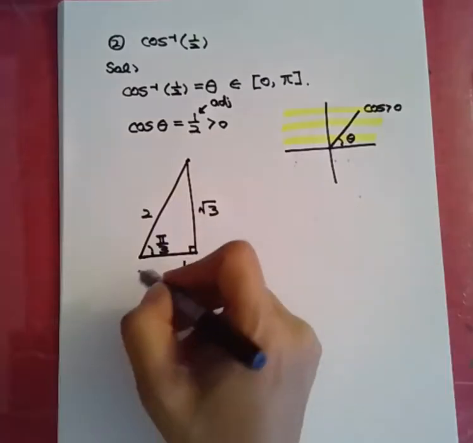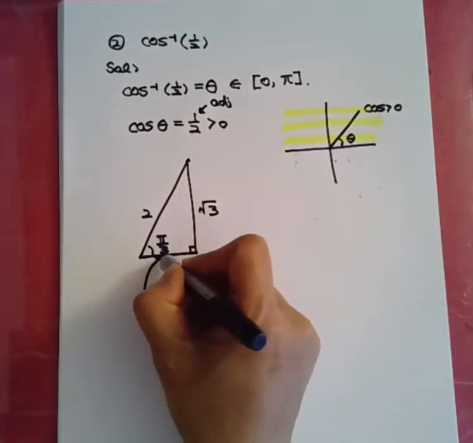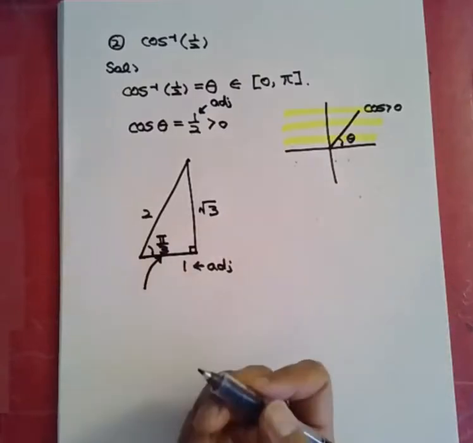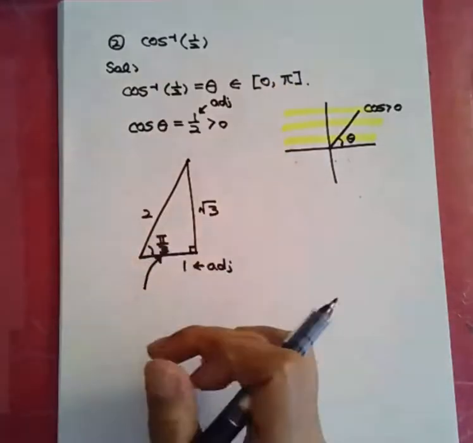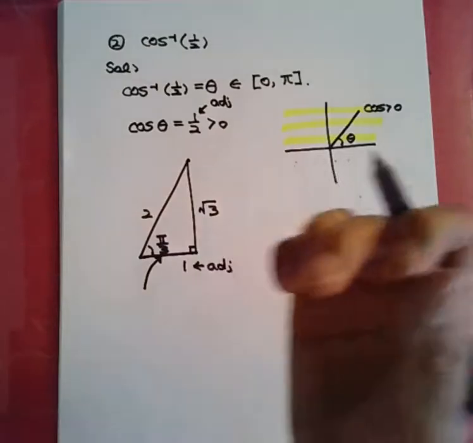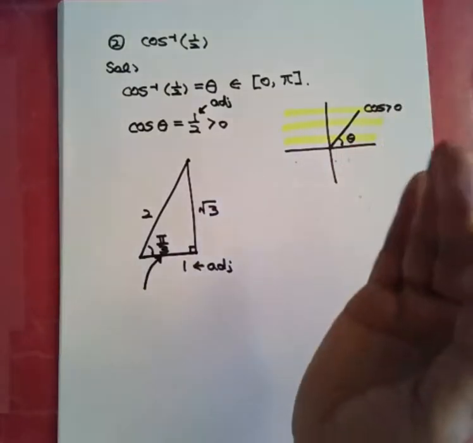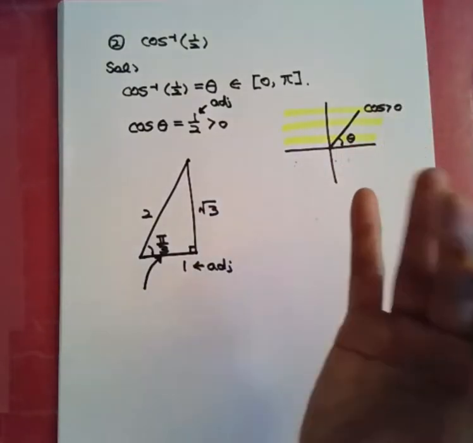So pi over 3 can be the reference angle of the angle theta, but cosine is positive, so the angle is located in the first quadrant.